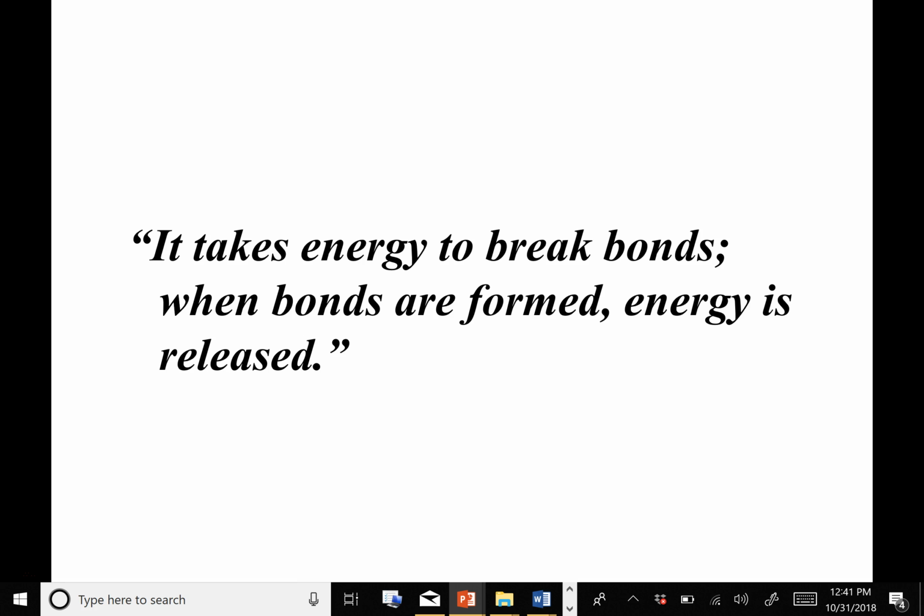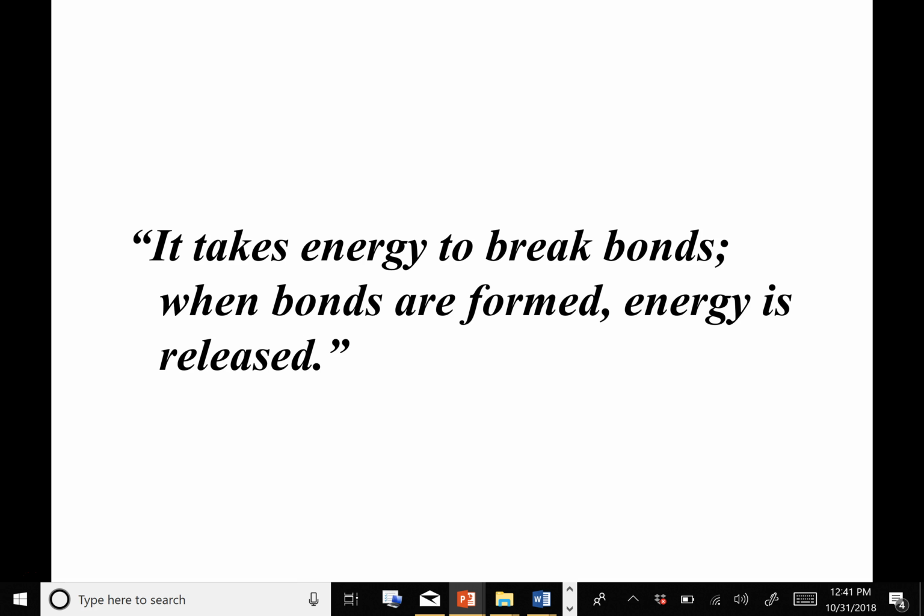If I have an H2O molecule, I can break the bond between the oxygen and the 2 hydrogens, and it takes energy. We'll talk more about this later in Gen Chem 2 maybe, but as chemical bonds are formed, if I had a sword there, it would energize my sword. As those bonds are formed, energy is released. It takes energy to break bonds.